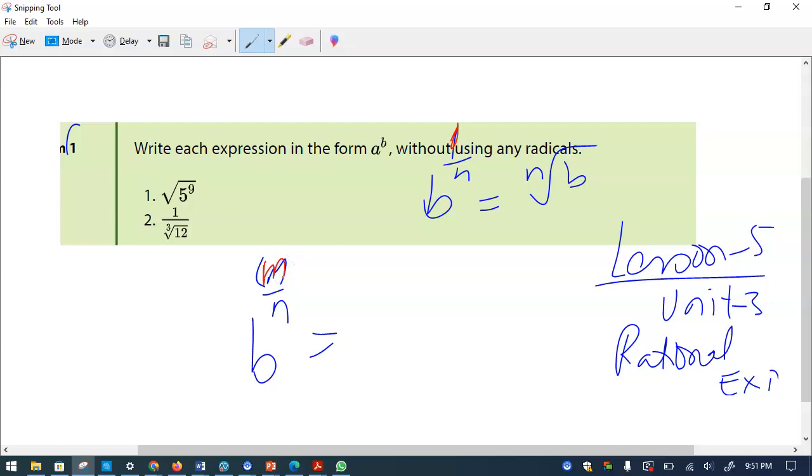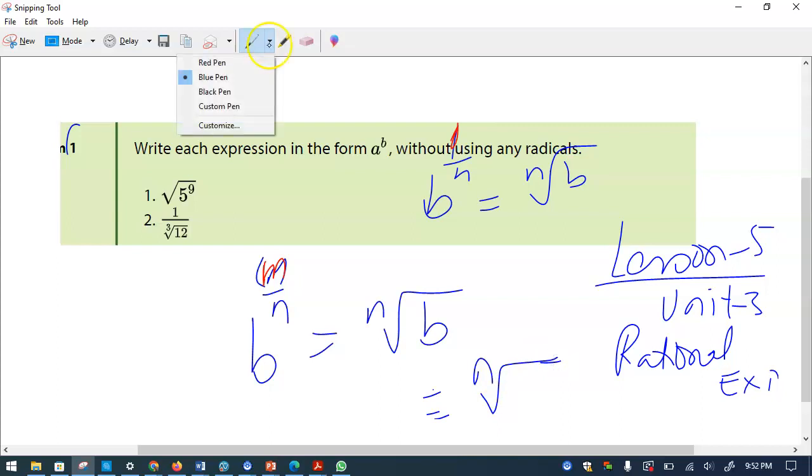Now this m, with the nth root that you have, I can write the nth root of b, and I can also write the nth root of b raised to m.